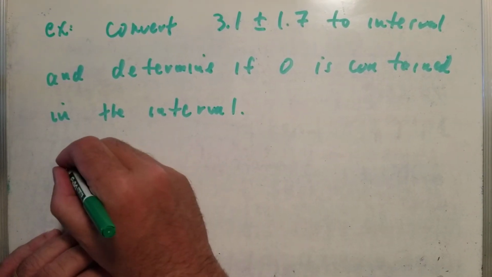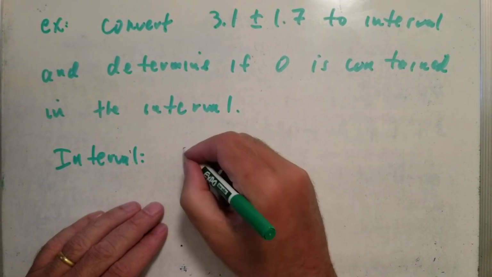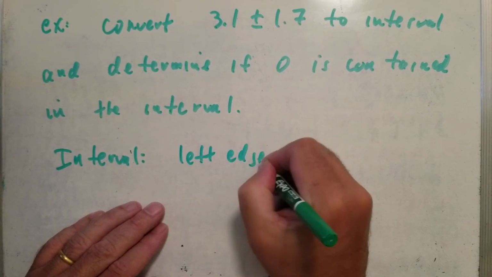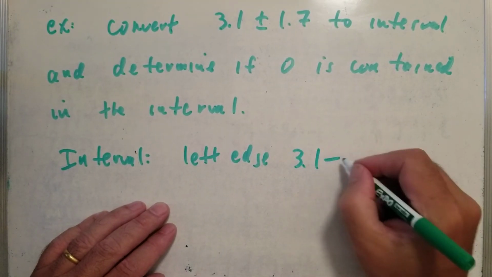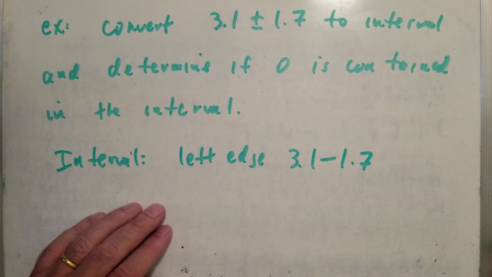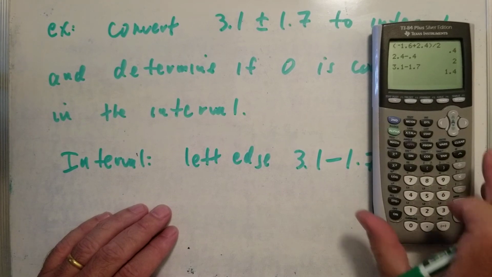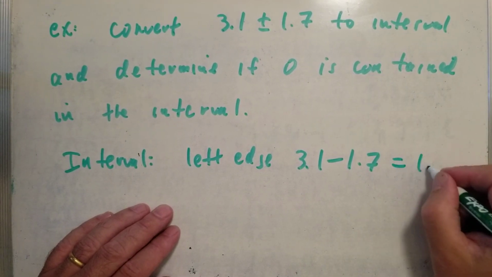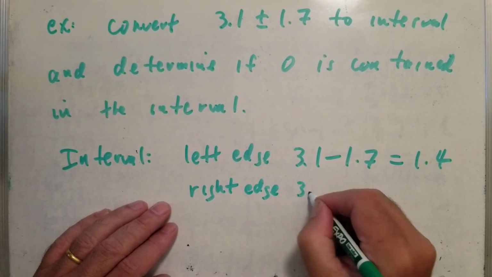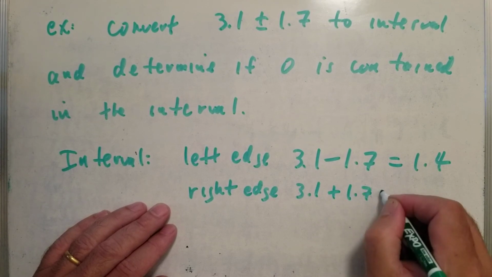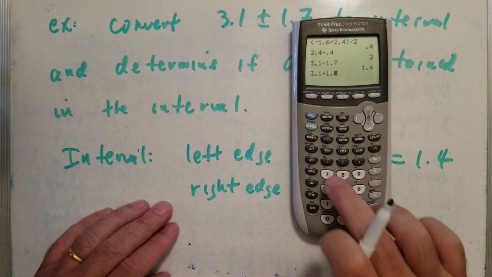So to find the interval, the left edge is 3.1 minus 1.7. That's 1.4. And the right edge is 3.1 plus 1.7.